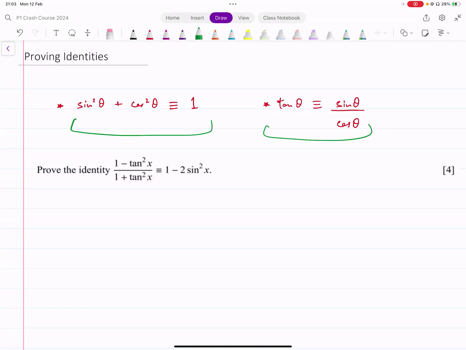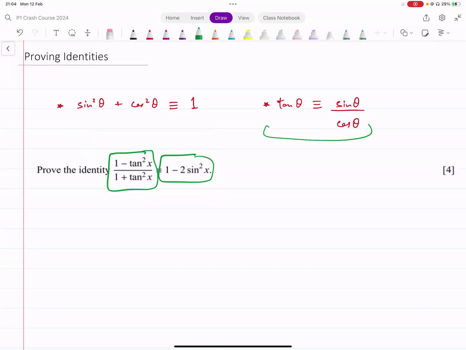So for example, this is where they ask you to prove this identity. 1 minus tan square x divided by 1 plus tan square x, that's identical to 1 minus 2 sine square x. You have to prove this identity. What does that mean? You have to prove that the left hand side and the right hand side are actually the same thing.